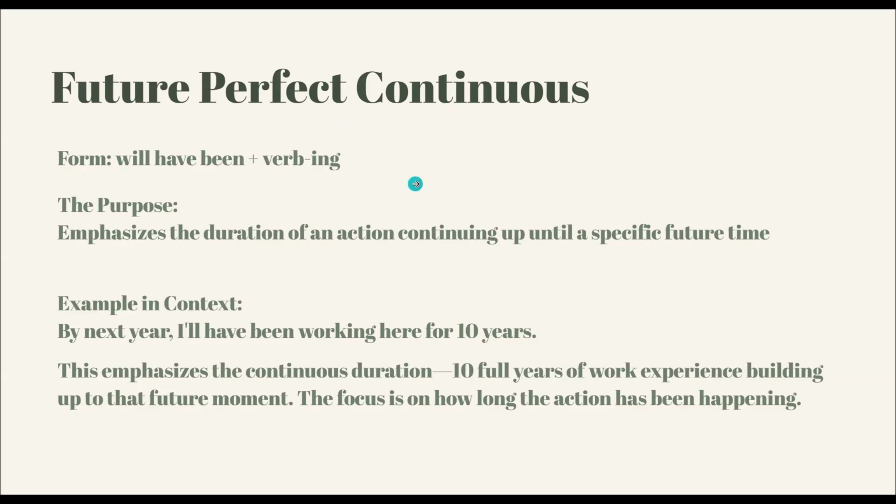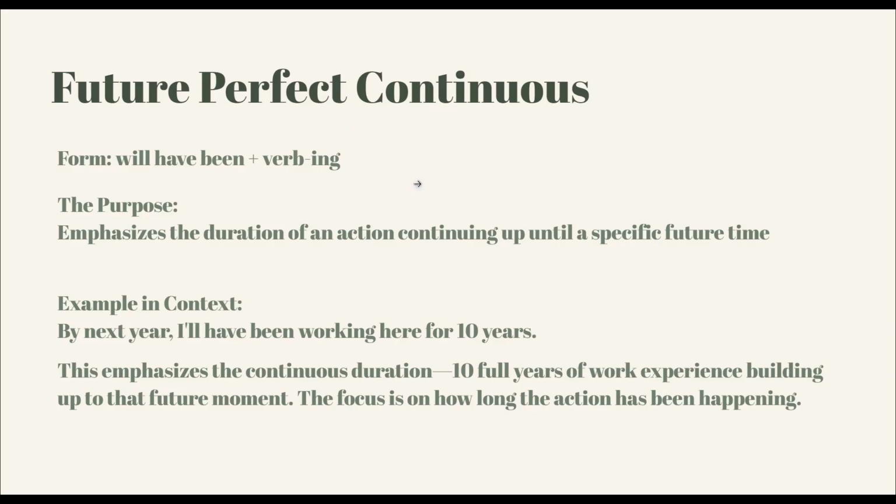So you're probably wondering what we use future perfect continuous for and what's the difference between future perfect and future perfect continuous. We will be going through all of those.